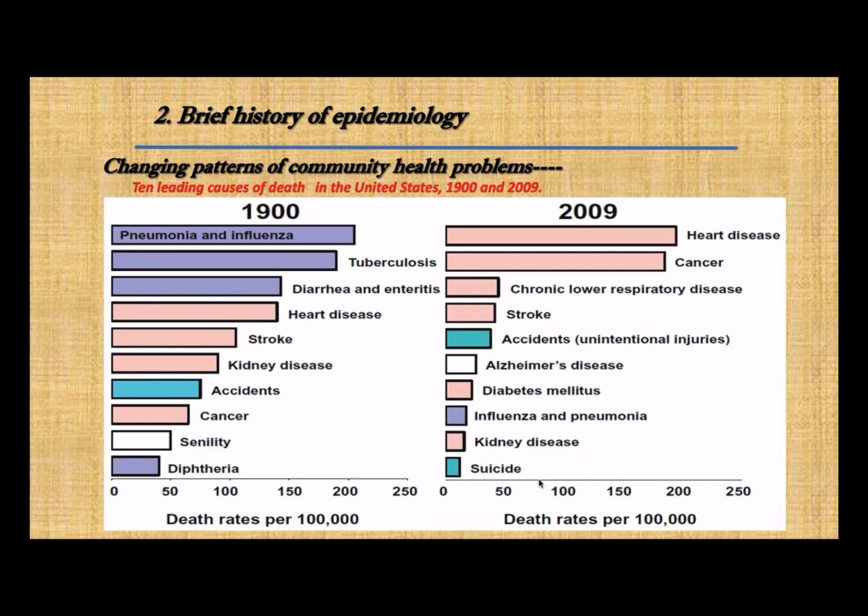In 1900, the three leading causes of death were infectious diseases, such as pneumonia and influenza, tuberculosis, and diarrhea. However, now we are dealing with chronic diseases such as heart disease, cancer, and stroke. Consequently, the kinds of research, intervention and services we need today differ from those that were needed in 1900.